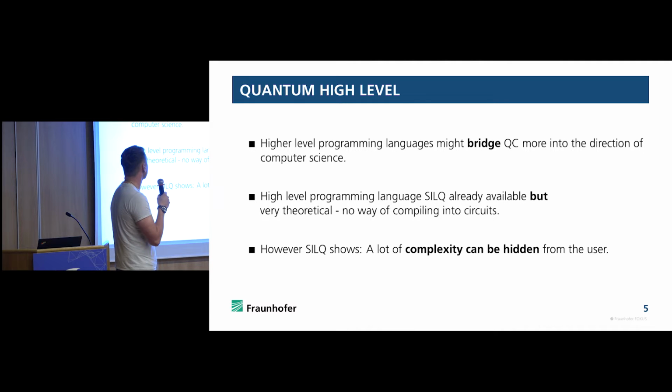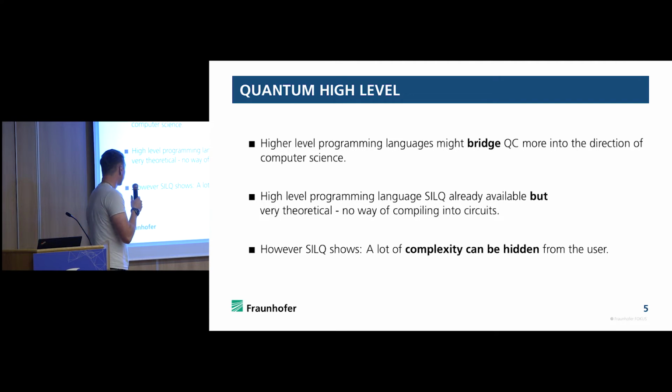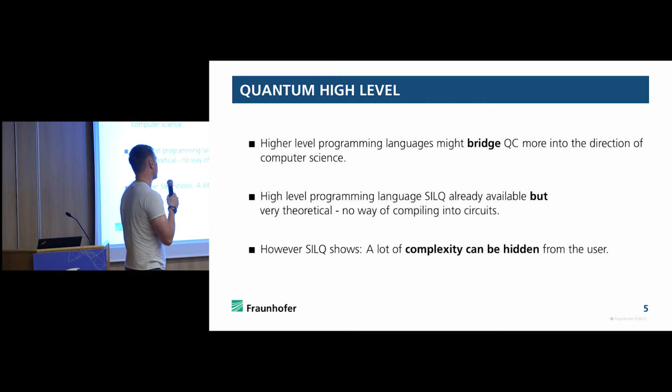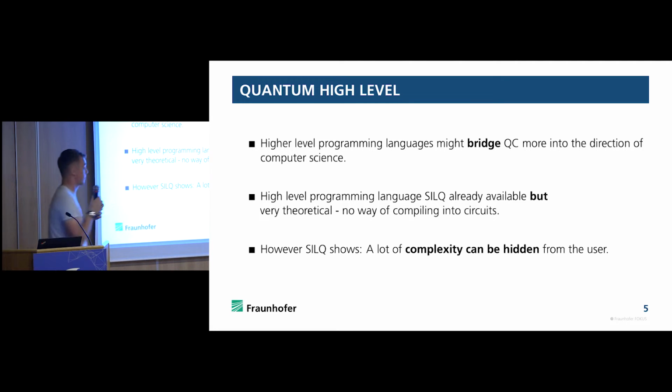And there are actually already high-level programming languages available, for instance, Silq. However, they are rather theoretical because they have no way of compiling them into circuits. However, we can learn something from Silq, and that is that there's a lot of complexity which can be hidden from the user, which is currently there in frameworks like Qiskit.